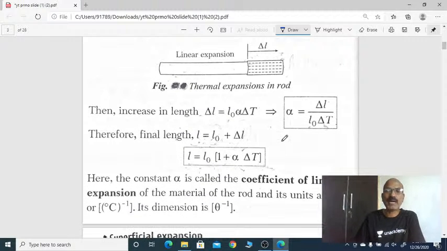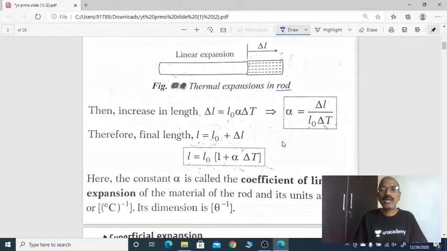Let us see the important formulas for thermal expansion. First, linear expansion. Thermal expansion of a rod. If the rod of initial length L0, after supplying heat, the change in length is delta L. The increase in length is directly proportional to initial length, and directly proportional to rise in temperature.